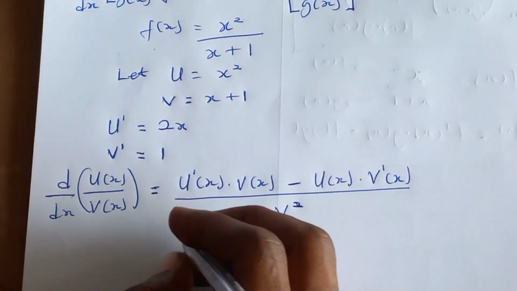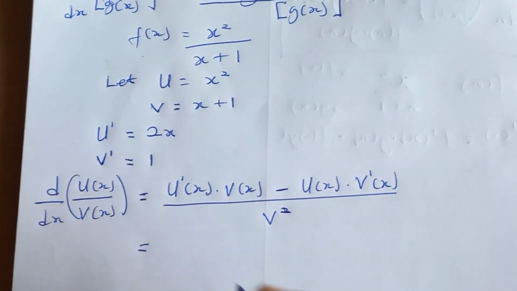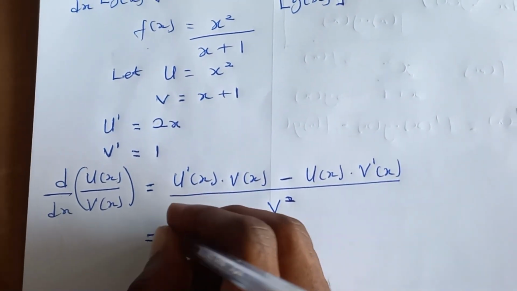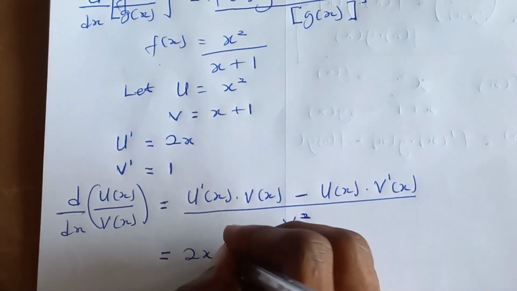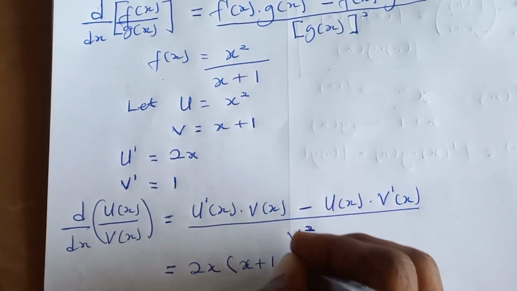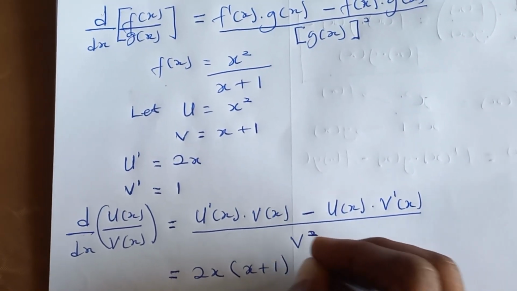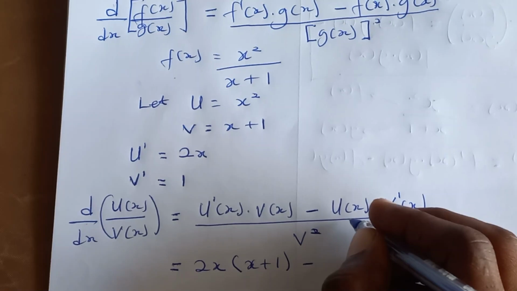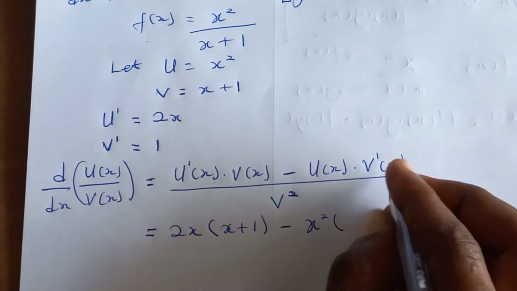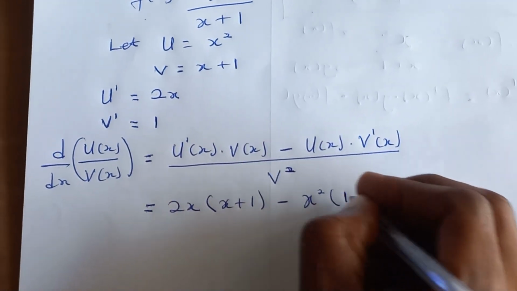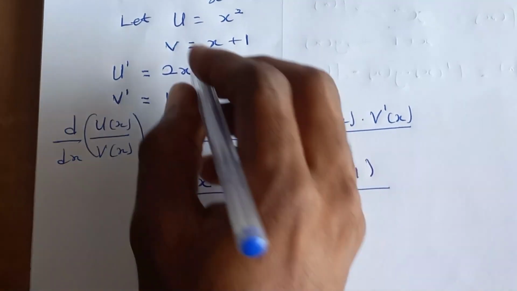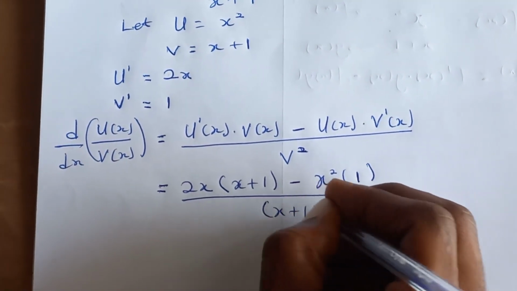So now our u prime is 2x multiplied by v. V is x plus 1, minus u, which is x squared, multiplied by v prime, which is 1, all over v squared. So v squared is x plus 1 all squared.